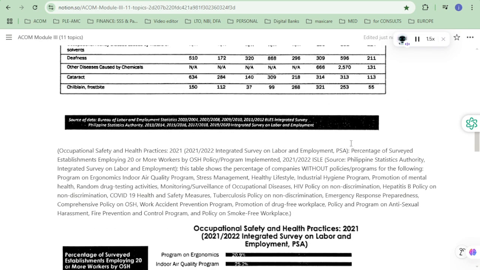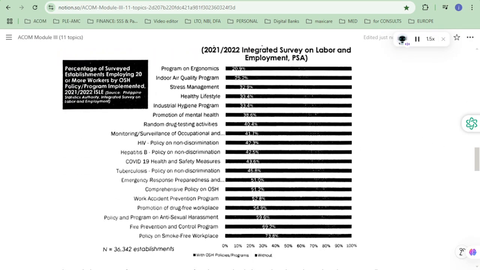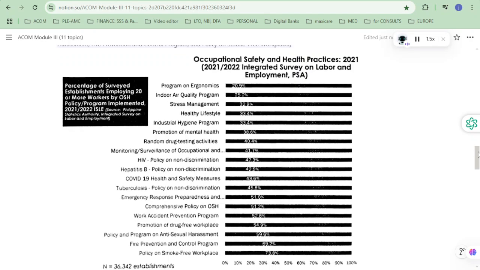Alt text: Occupational Safety and Health Practices, 2021. 2021/2022 Integrated Survey on Labor and Employment, PSA: percentage of surveyed establishments employing 20 or more workers by OSH policy or program implemented. Source: Philippine Statistics Authority, Integrated Survey on Labor and Employment.